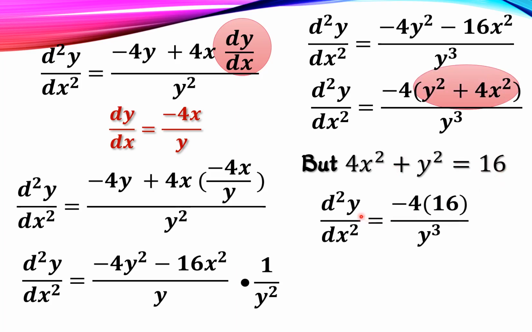That gives negative 4 times 16 over y cubed, and our second derivative now will be negative 64 over y cubed. So this is the second derivative for 4x squared plus y squared is equal to 16. This is the first derivative and this is your second derivative. Did you follow?